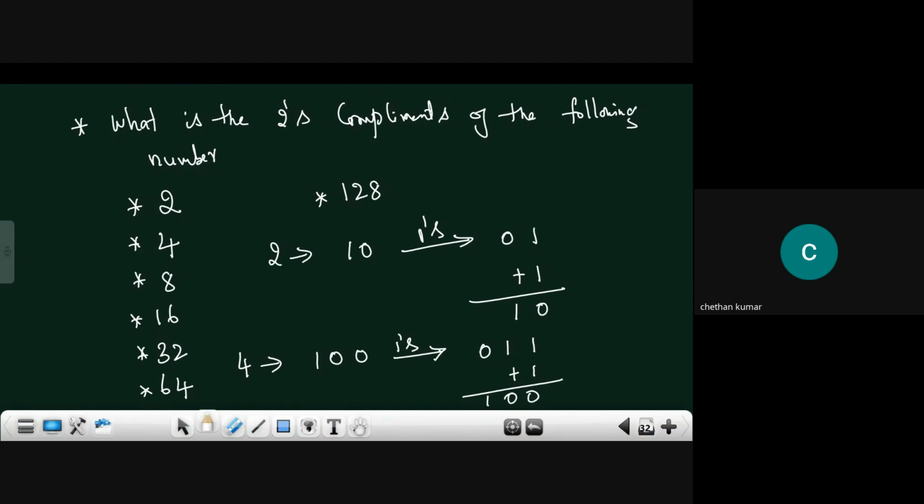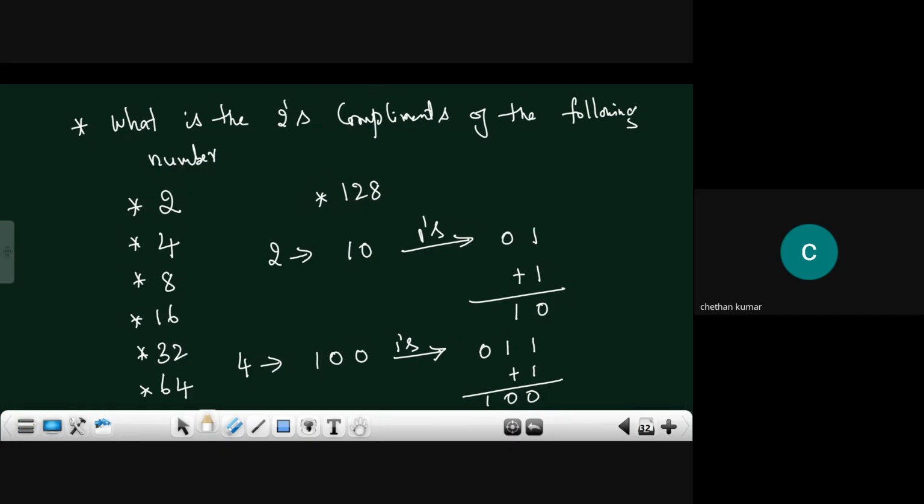Are you understood? There are a few cases. Sometimes the minuend is greater than the subtrahend. In some cases the minuend is equal to the subtrahend. In some cases the minuend is less than the subtrahend. So we'll discuss these cases when solving subtraction using complements.